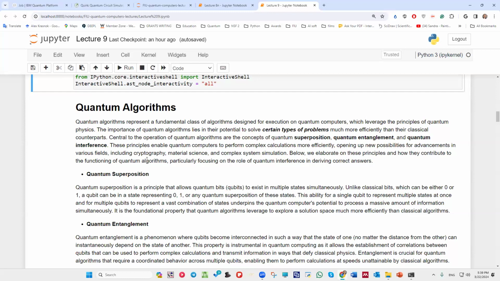In our course, we will discuss only the basic quantum algorithms, but one can find many other examples.